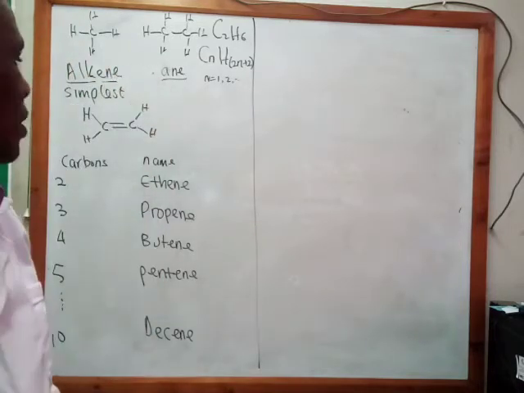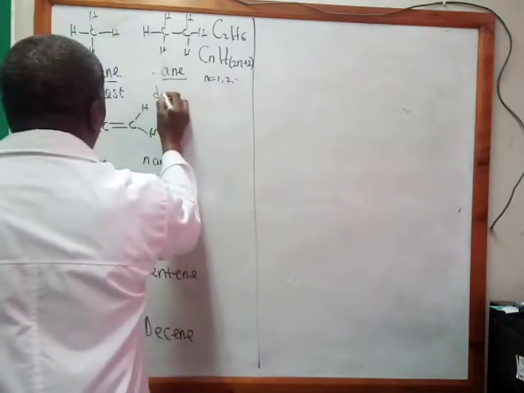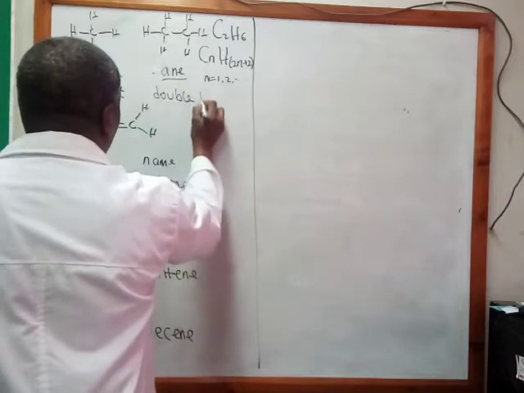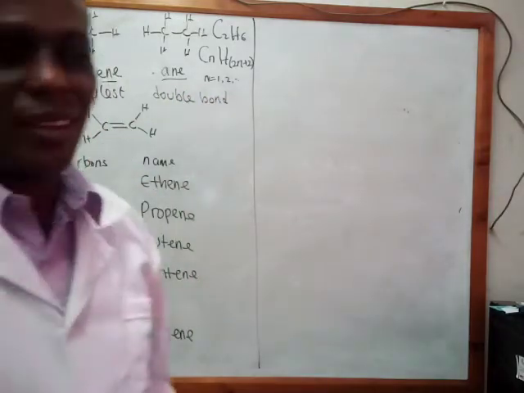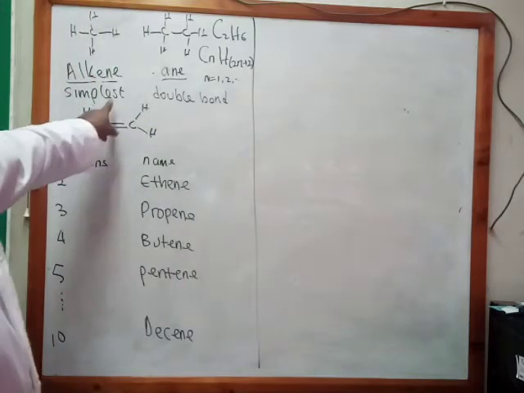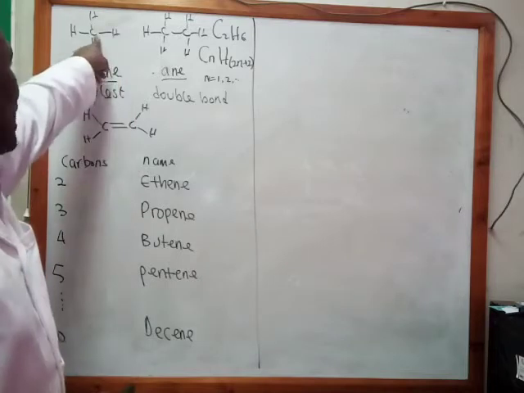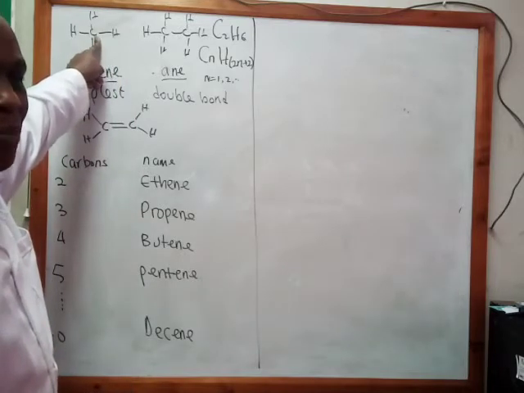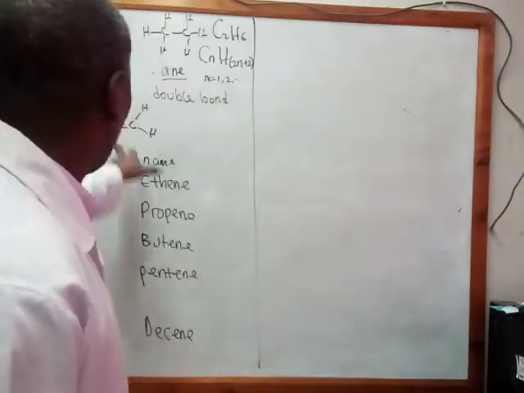Now, alkenes have got something which you call a double bond. So there is a carbon-carbon double bond. And this tells you that just as you cannot have a single carbon with a double bond, you need at least 2 carbon atoms to have a double bond between the carbons.